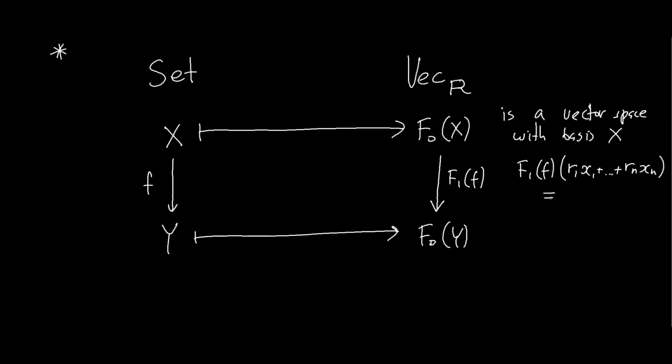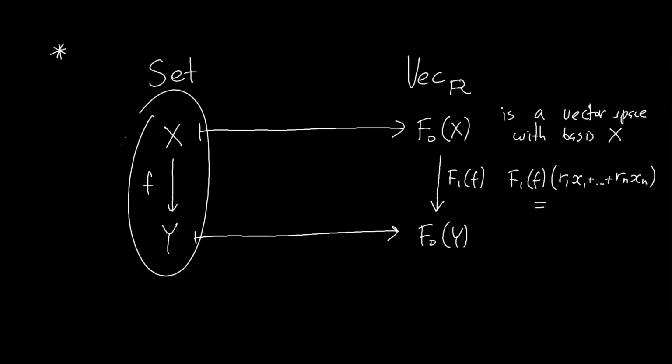So first I need to define this map, and then I need to make sure it's a linear map, right? Any ideas how to define a map from F0 of X to F0 of Y, based on a function f that maps the basis vectors of one vector space to the basis vectors of another vector space?